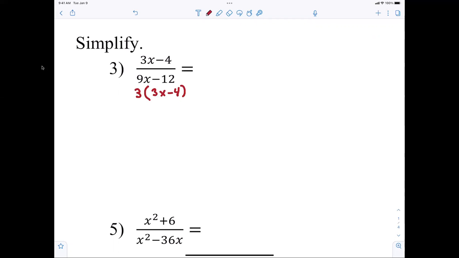So what's the final answer? I knew some of you were going to say 3. It's not 3, but 1/3, because the 3x minus 4 and the 3x minus 4 cancel to a 1. Everybody's good with that? Easy.